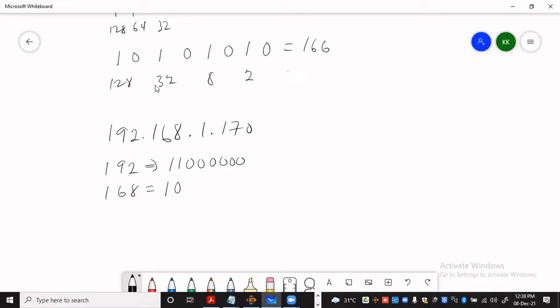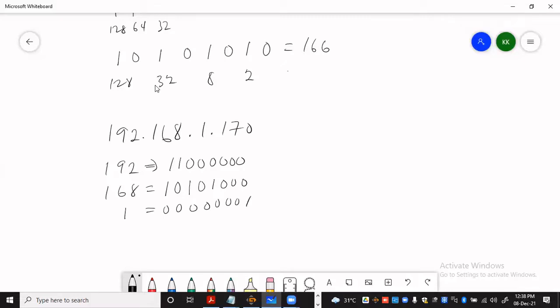So we can flip the 32 on, and then we need 8 more. So the 8 bit has to be on now, just the 8 bit, and the rest has to be zeros. 1 is just 00000001.